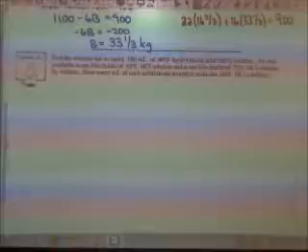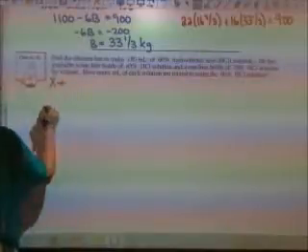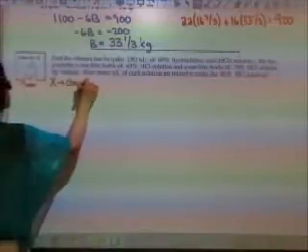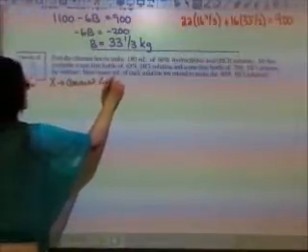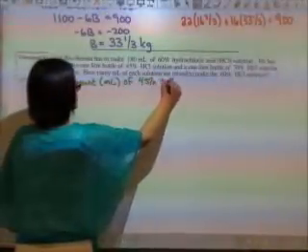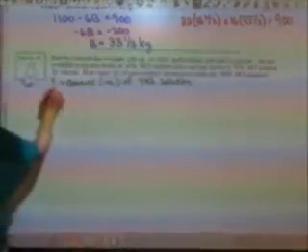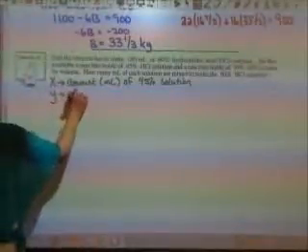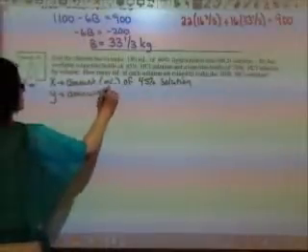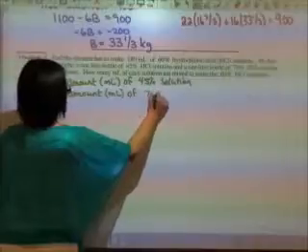Okay, so my unknowns are the amount of each type of solution. So I could let X be the amount in milliliters of the 45% solution. And then Y could be the amount in milliliters of the 70% solution.